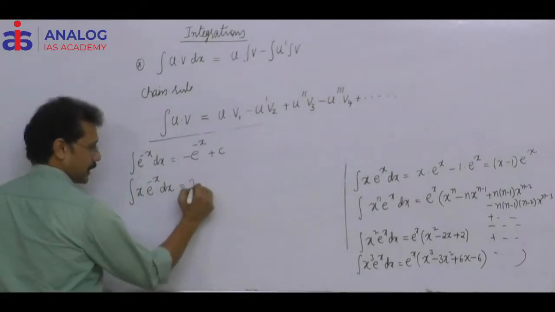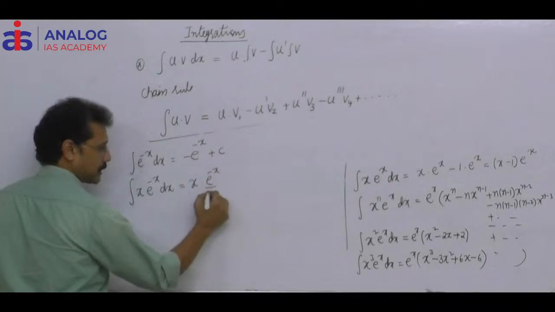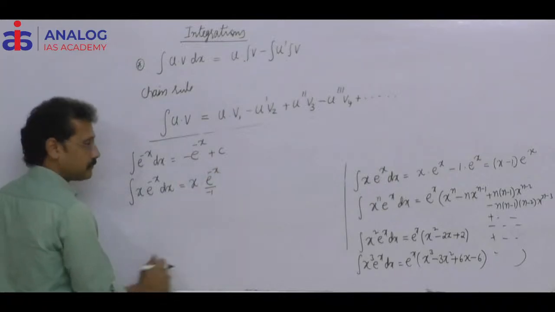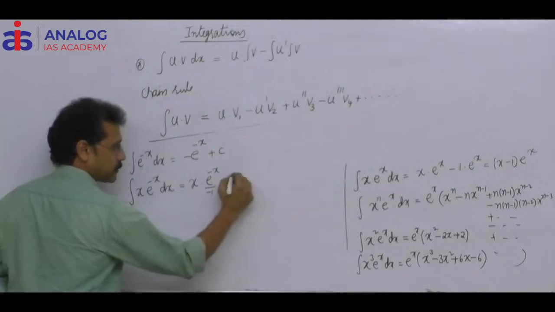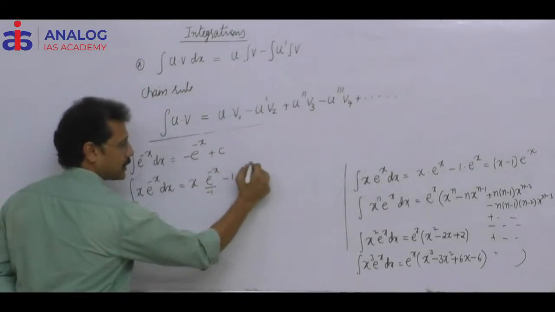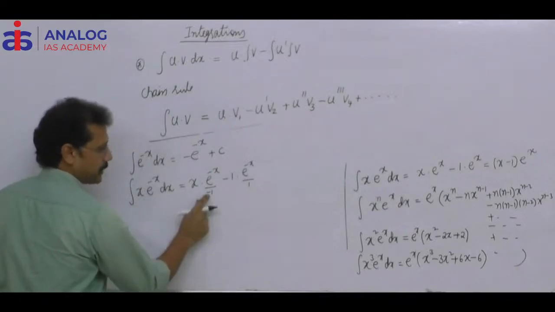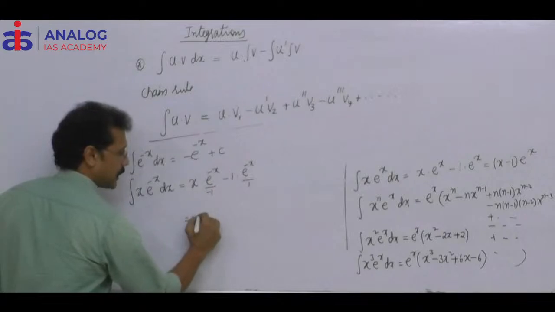X into, chain rule, x into e power minus x by minus 1, minus differential of x, 1, into integral of this entire thing, e power minus x by minus 1, into minus 1, plus 1, which comes out to be this also minus, this also minus.